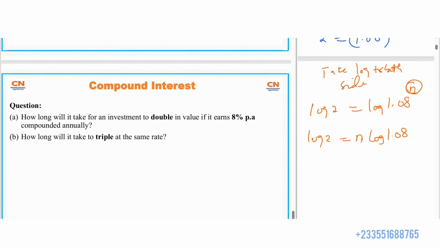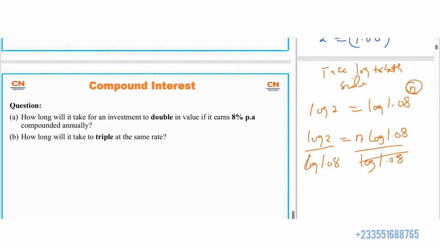So to find N, we have to divide both sides by log 1.08.